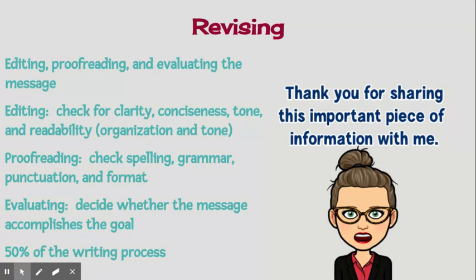Proofreading is where you do the easy stuff, the checking for spelling, grammar, punctuation, and format. Evaluating, this is where you take a cold, hard look at your draft and determine whether the message accomplishes the goal. And as I said, this should account for 50% of your time as you're writing.